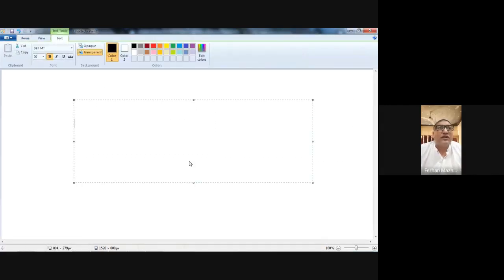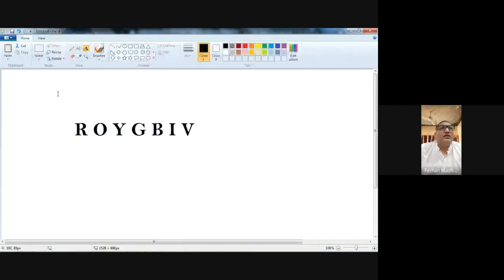Do you remember that code? The code is red, orange, yellow, green, blue, indigo, violet: ROYGBIV.